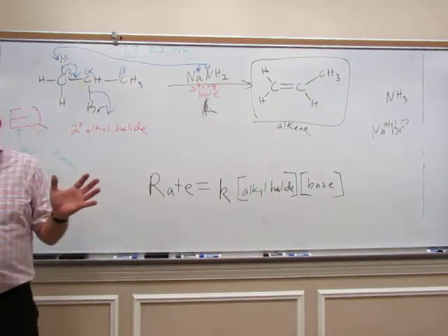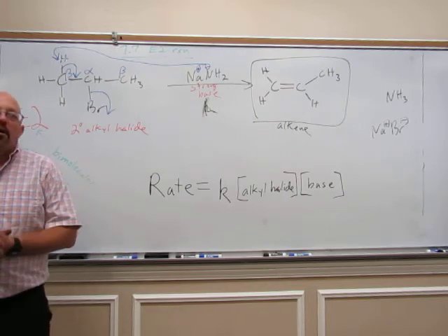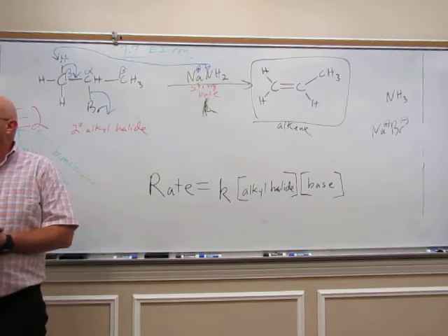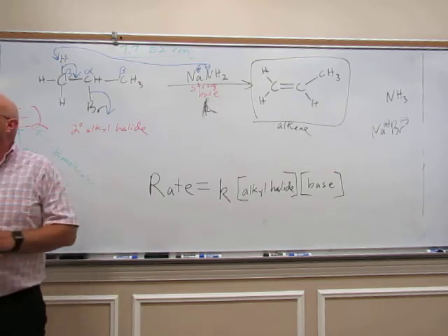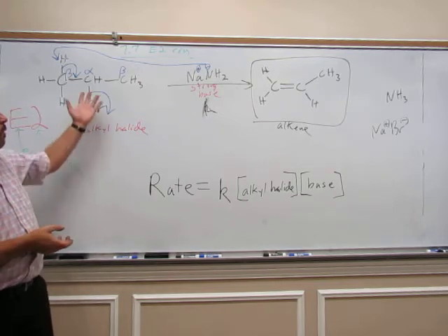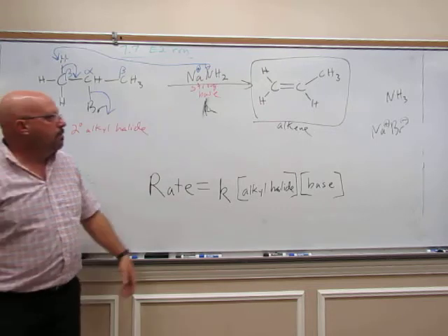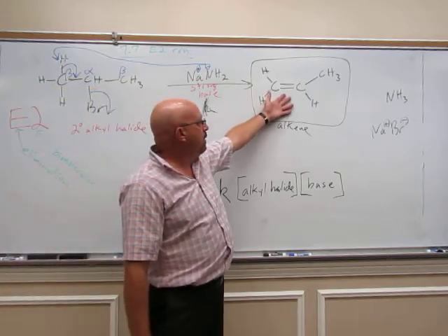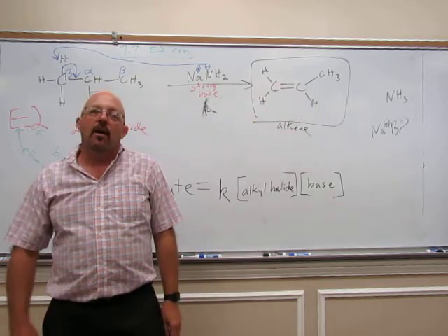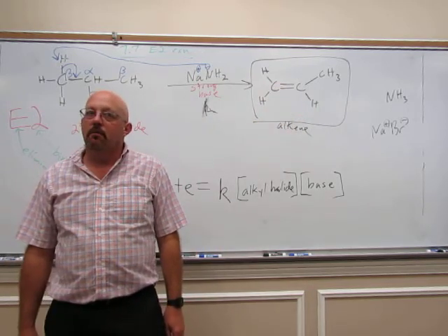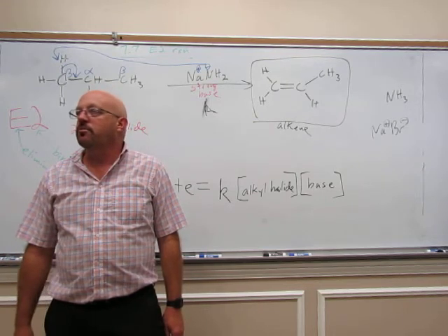So with these reactions, you're never going to get 100% yield. So don't freak out in the lab when you don't get 100% yield, because we often have competing reactions. I don't know what the yield is on this one here, but we probably get maybe 90% of this alkene, and the other 10% may be an SN2 substitution product.